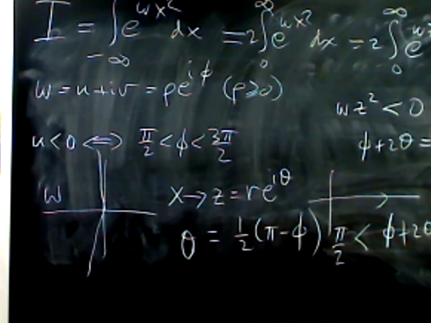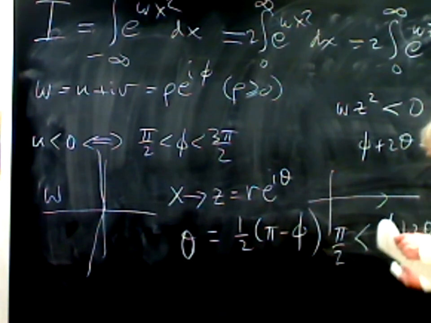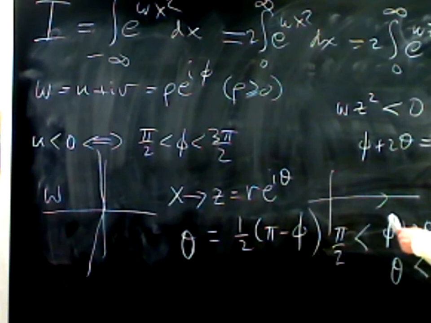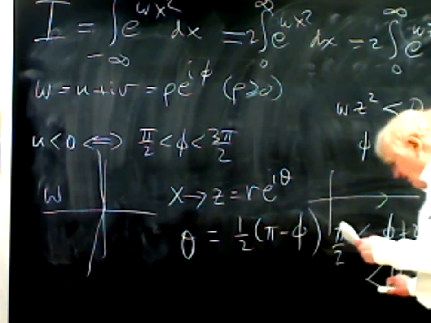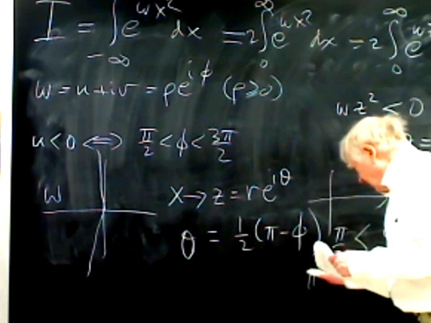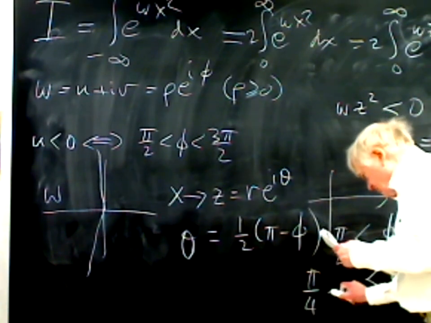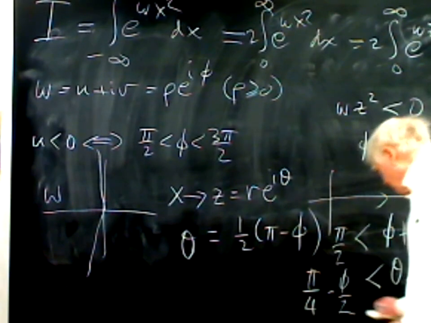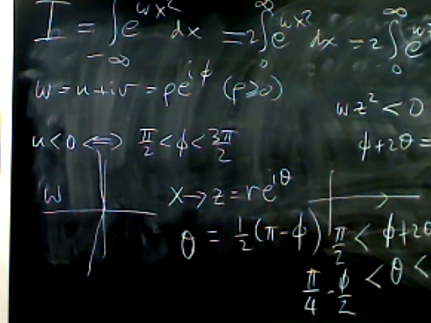Which is to say, as long as theta is less than 3 pi over 4 minus phi over 2 and greater than pi over 4 minus phi over 2. So we need theta in that region.